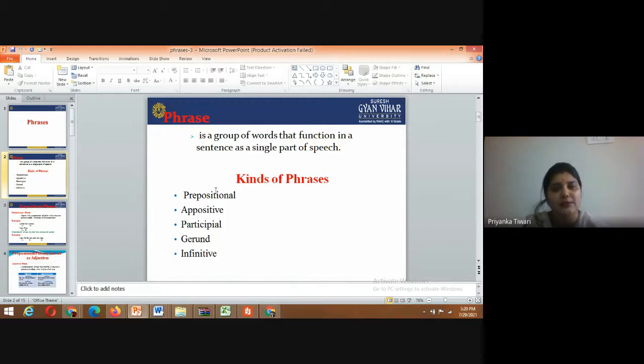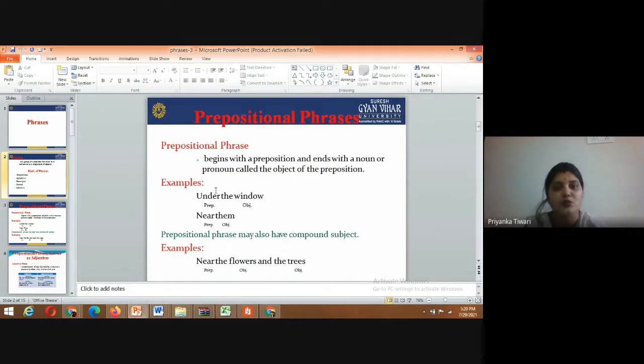Kinds of phrases include prepositional, appositive, participle, gerund, and infinitive. A prepositional phrase begins with a preposition and ends with a noun or pronoun called the object of the preposition.